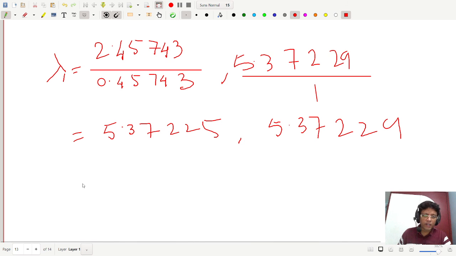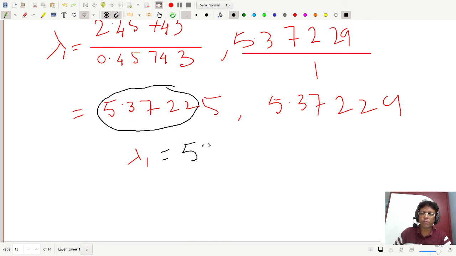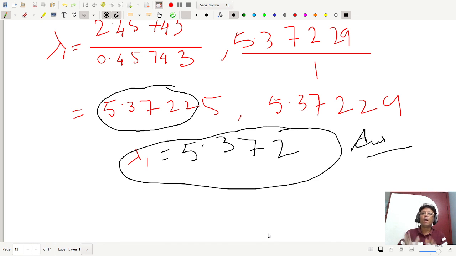Suppose you want lambda 1 correct to 4 decimal places. This will be the answer: 5.3722 up to 4 decimal places, or nearly 4 significant figures, 5.372. This is your answer. This is the numerically largest eigenvalue by the power method.